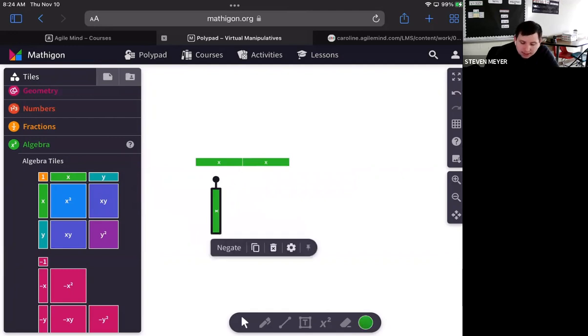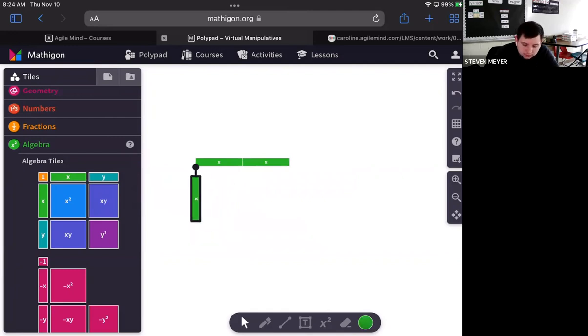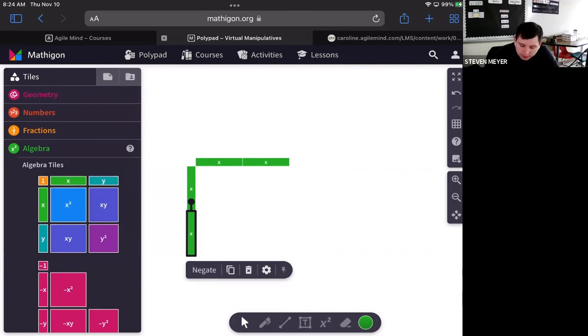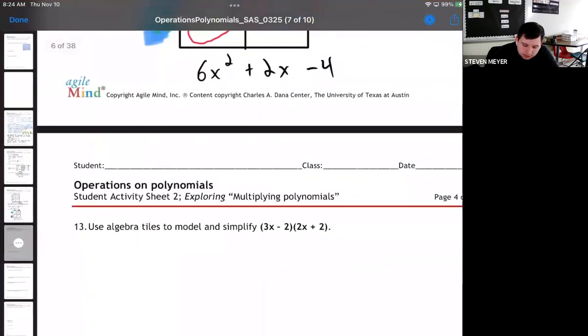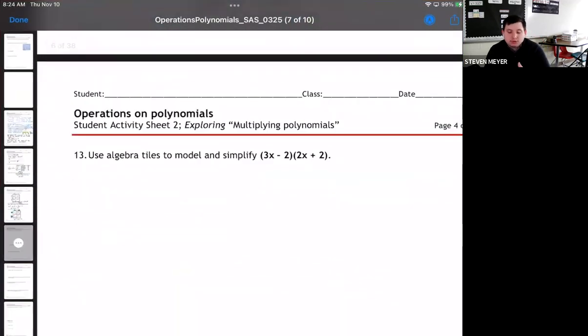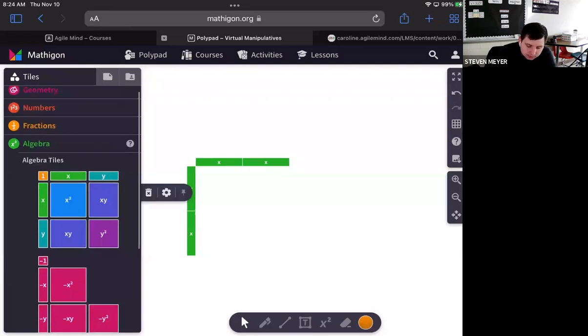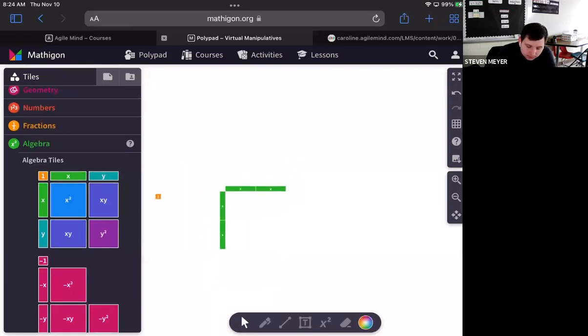On the left side, I had three x's. And let me look back at the problem. So this next problem is 3x minus 2 and 2x plus 2. So on top, I'm going to have 2 x's and 2 positive ones, duplicated to have 2 positive ones on the top.